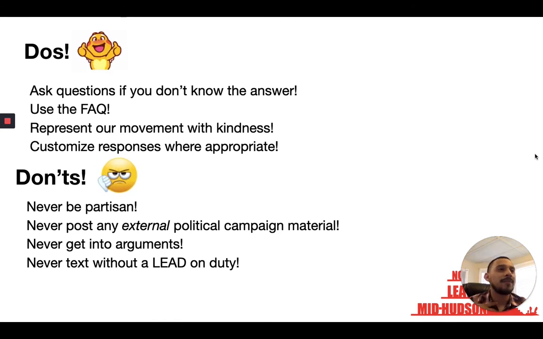Like I said, if someone is happy, say they got a new job, we want to congratulate them. We want to be positive with people and build real, meaningful relationships. And the don'ts: never be partisan. Never post any external political campaign material. Never get into arguments. You don't want that negativity, neither do we. And never text without a lead on duty.